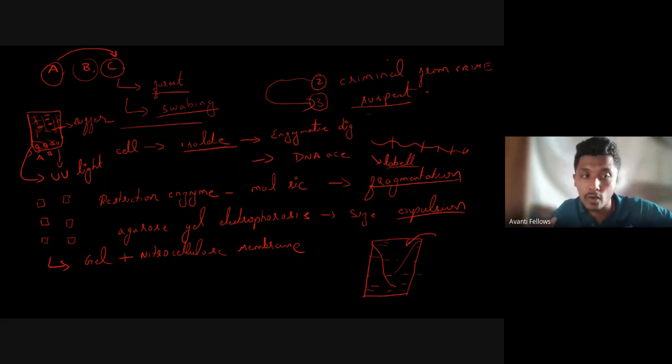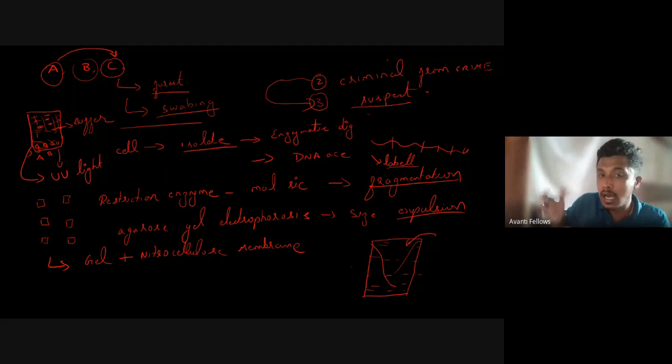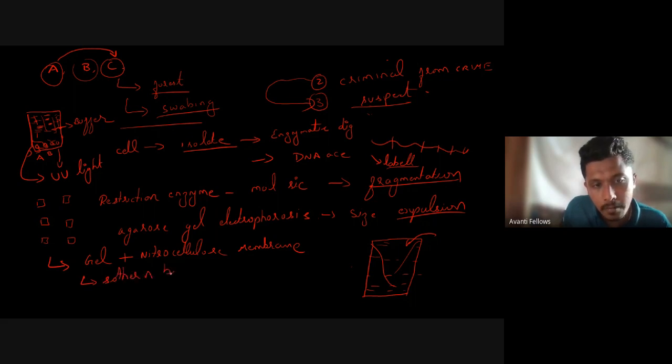Once all the water goes up, your gel becomes paper thin, and the fragments in the gel get transferred onto the nitrocellulose membrane. This process is called Southern blotting. In simple terms, we just transfer the fragments in the gel onto the nitrocellulose membrane, and this process is called Southern blotting.